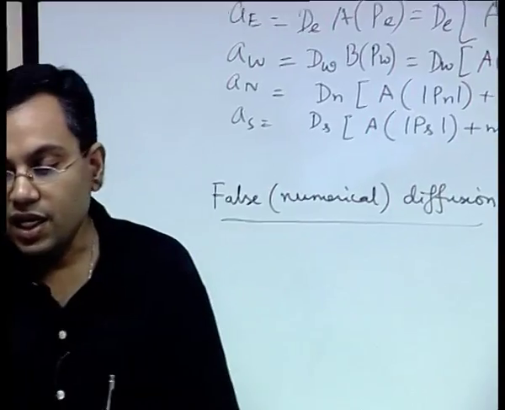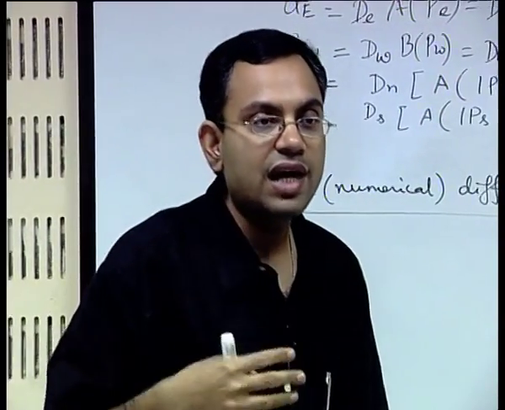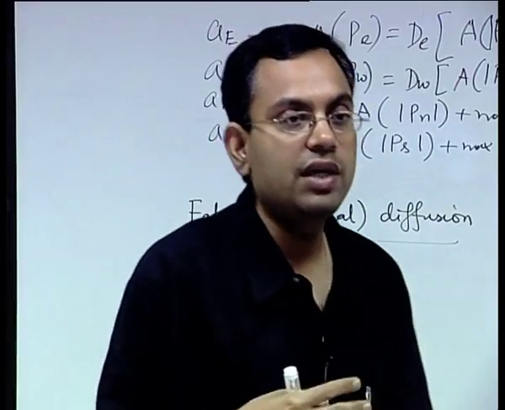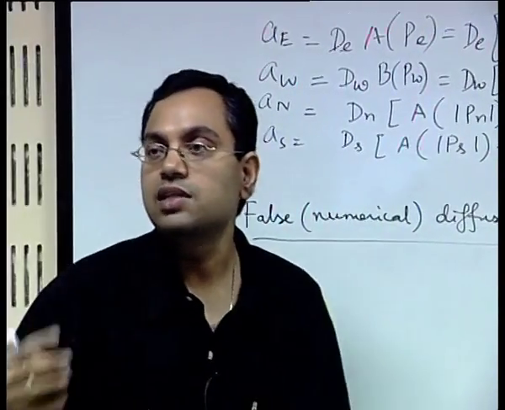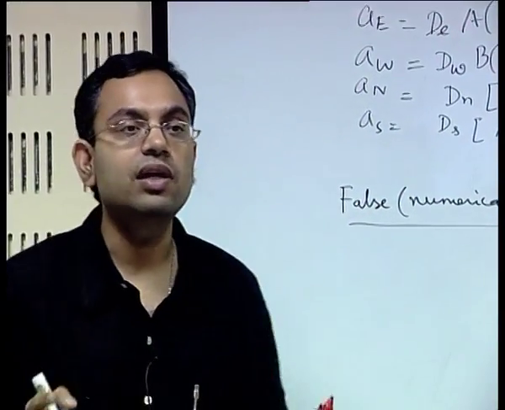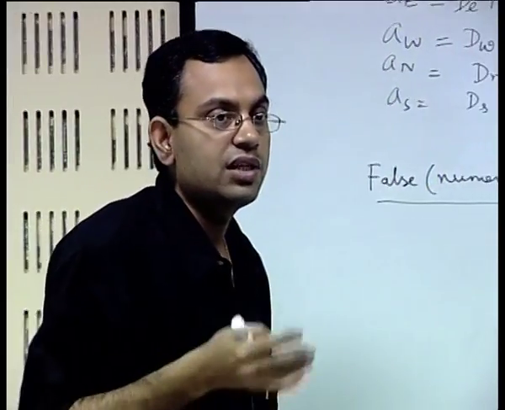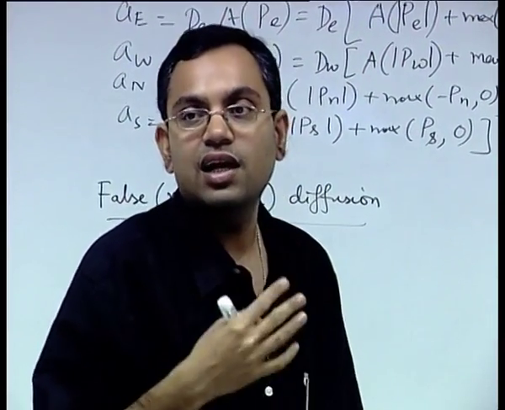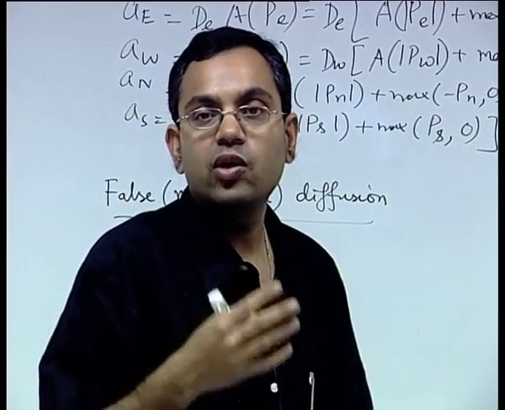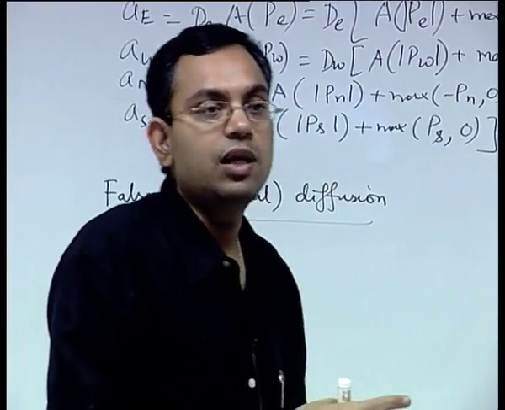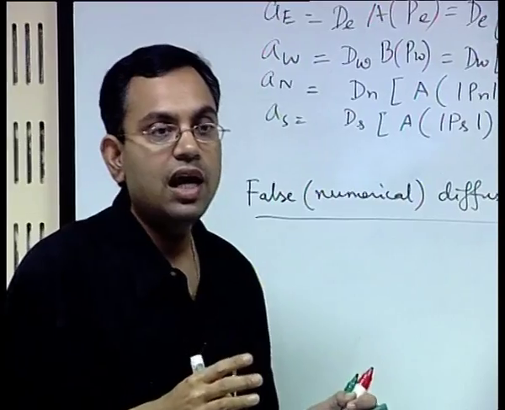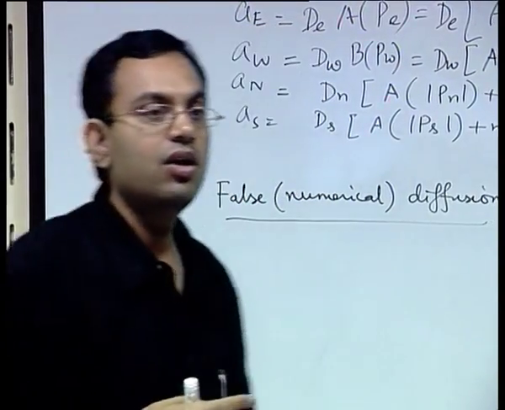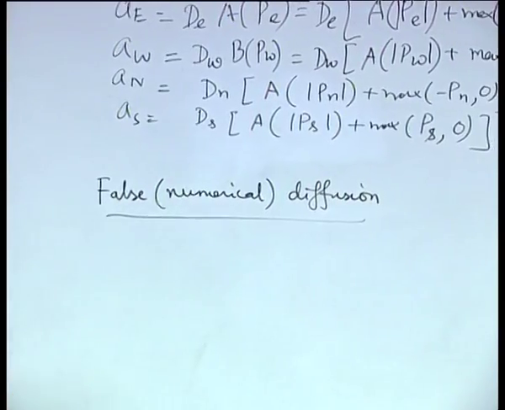Then suddenly, after some research, people realized that the central difference scheme had its own problems, some of which could be taken care of by the upwind scheme, and that gave a threat to the central differencing community. So the central differencing community tried to assess the upwind scheme on the basis of their own prejudice of the central difference scheme itself, as if that is the standard benchmark, and with respect to that benchmark they commented that the upwind scheme is having some false diffusion or artificial diffusion. On what basis did they comment?